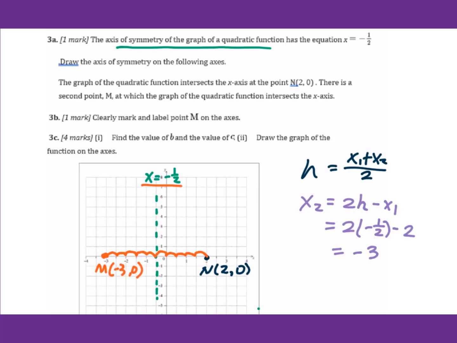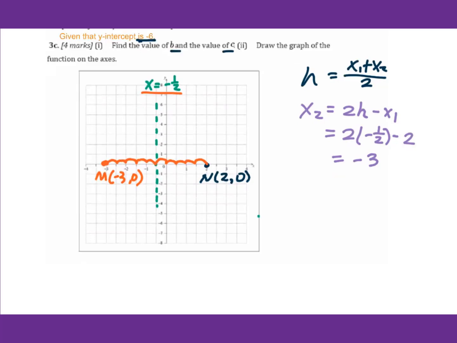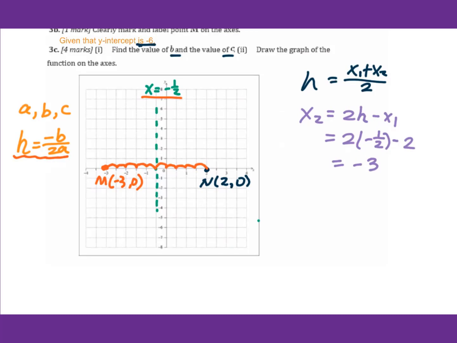Find the value of B and the value of C. Given that the y-intercept is negative 6, find the value of B and the value of C. Remember the rule: whenever you are looking for A, B, C, if you are given this h, you have to use the formula h equals negative B over 2A, because from this h you can get the relationship between A and B. Therefore, we know this h equals negative 1/2.